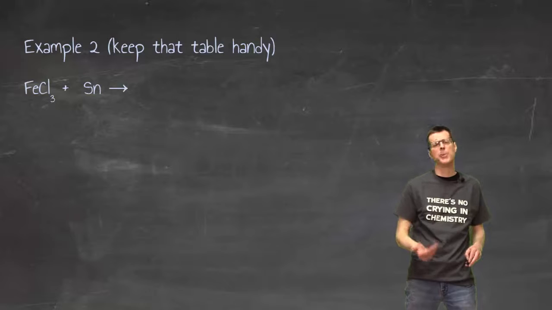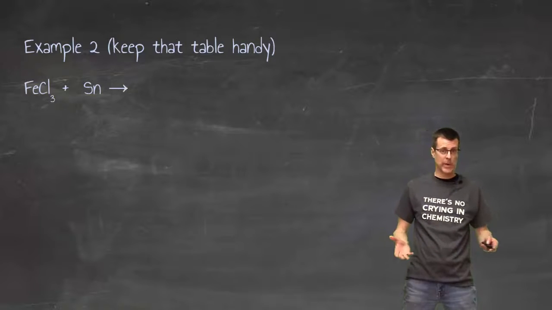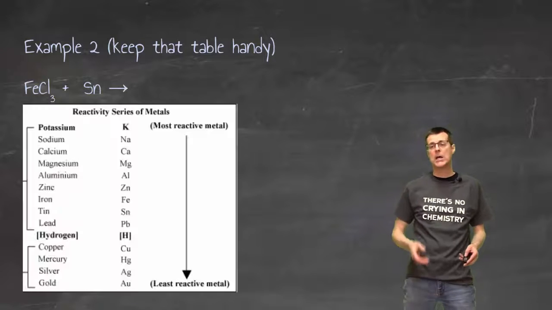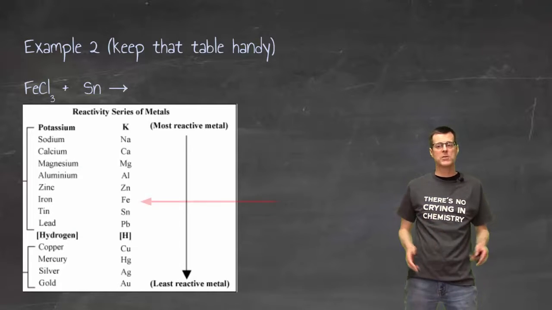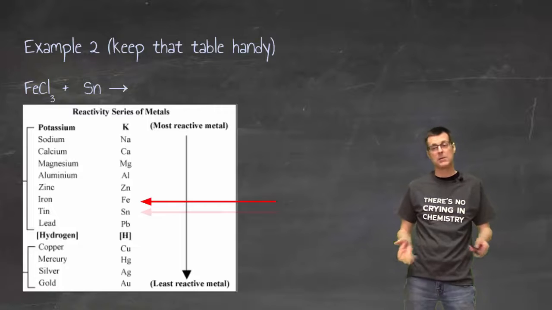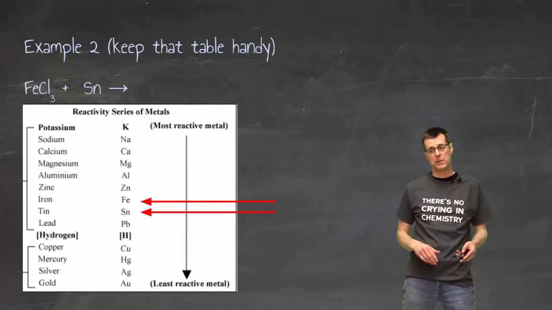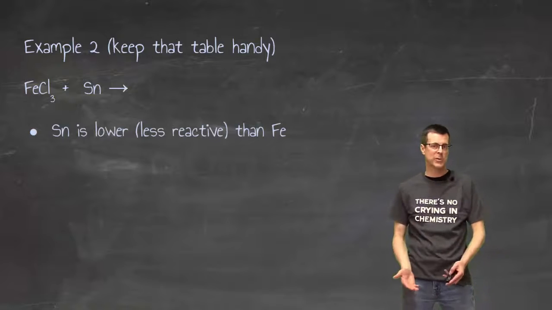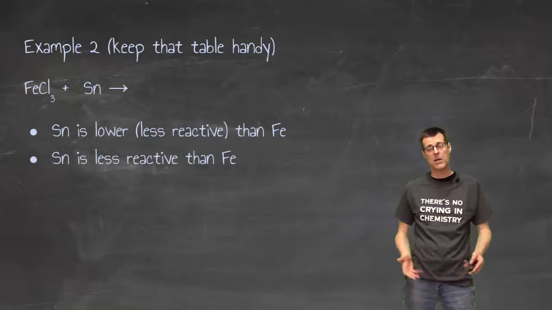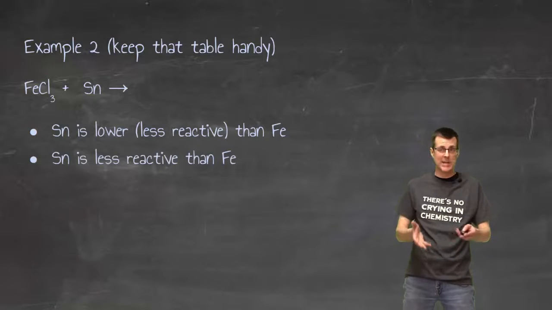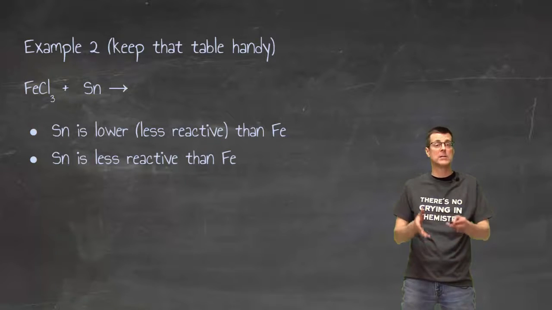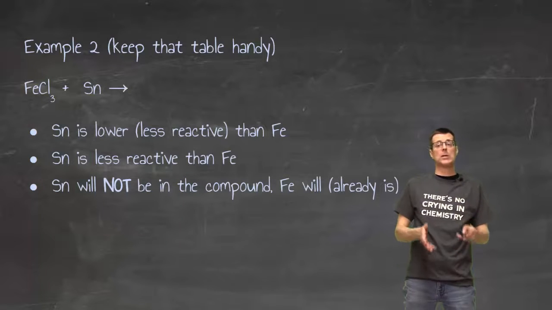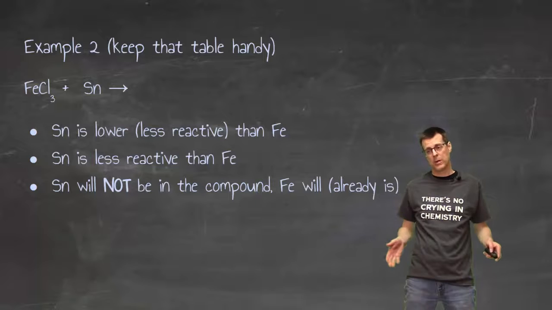If we look at another pair of metals in a reaction, so yeah, I got lazy. All I did was change Zn to Sn, but same kind of thing. I find those two metals on the table. There's iron still, and now I find tin just below iron. Well, tin, Sn, is lower on the table, which means it's on the less reactive side of the table than iron. That means tin is less reactive, which means it's less likely to form a compound. That means Sn, tin, will not be in the compound form.